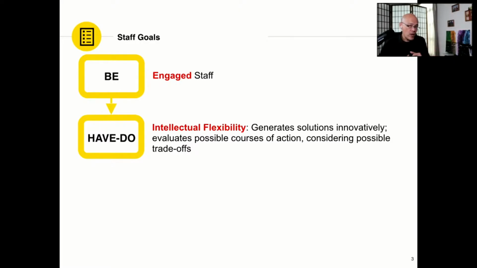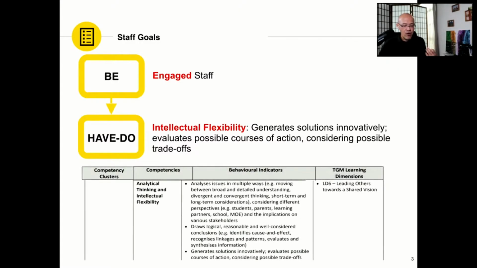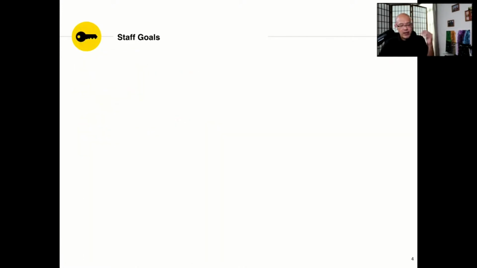That is what we are able to observe. And once again, these are taken from the competency column in your EPMS, as well as the behavioral indicators in your EPMS document.